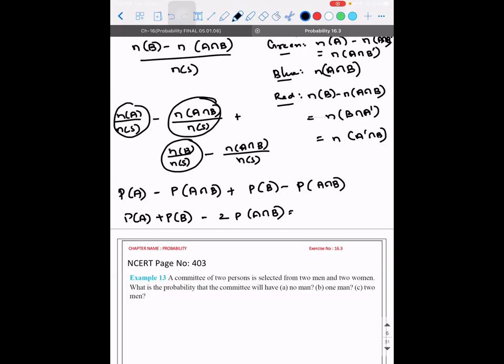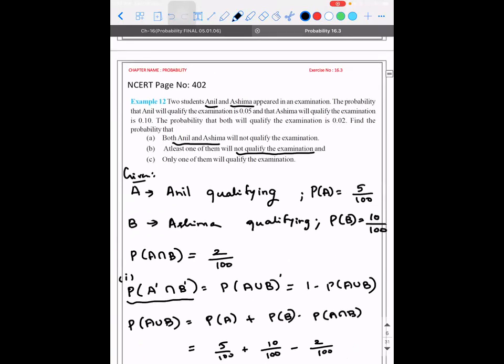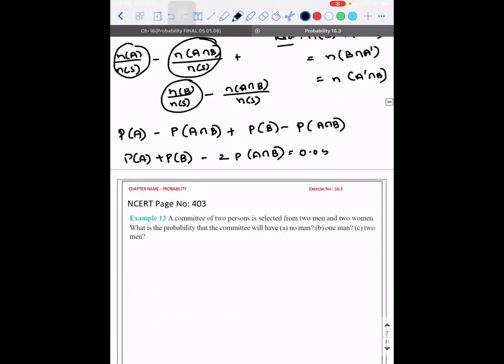Right? So what is the probability of A? 0.05 plus probability of B is 0.10 minus 2 times probability of A intersection B is, so 0.05 plus 0.10 is 0.15 minus 0.04.